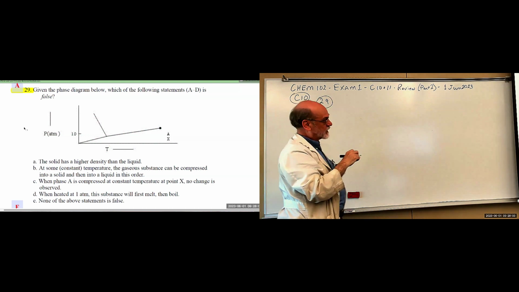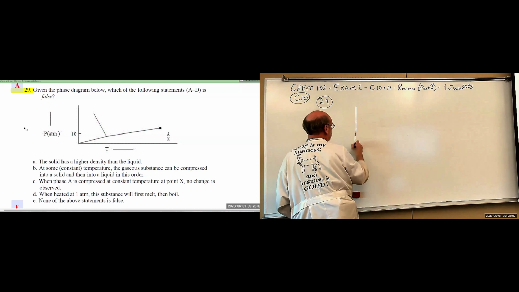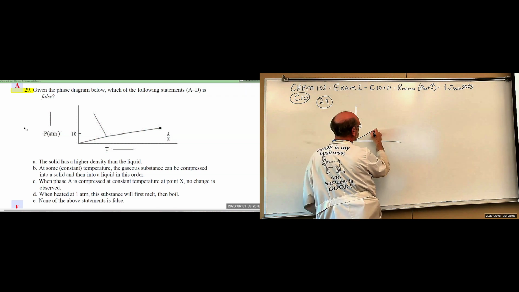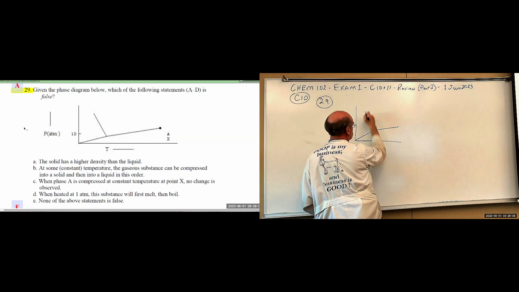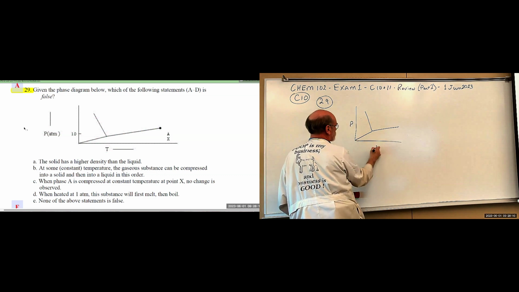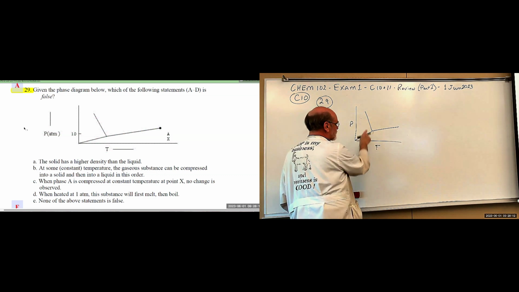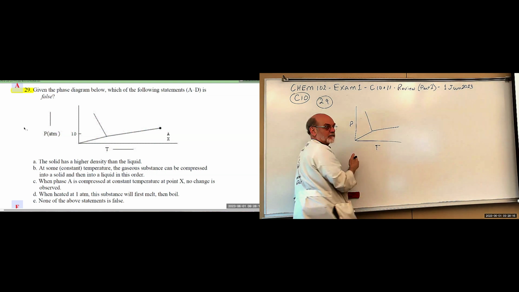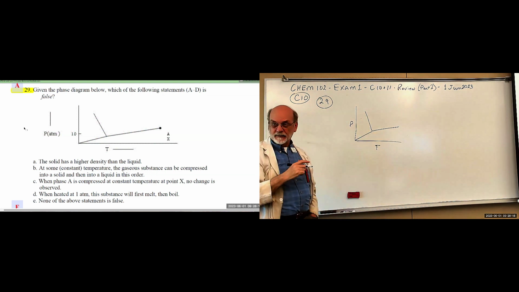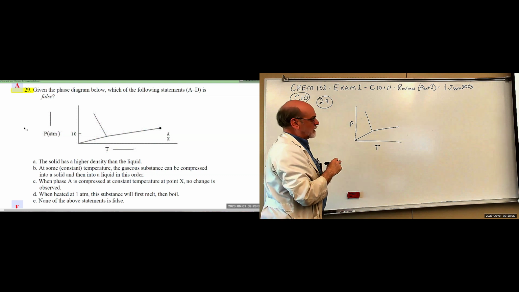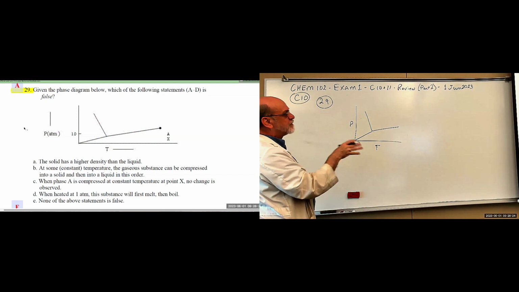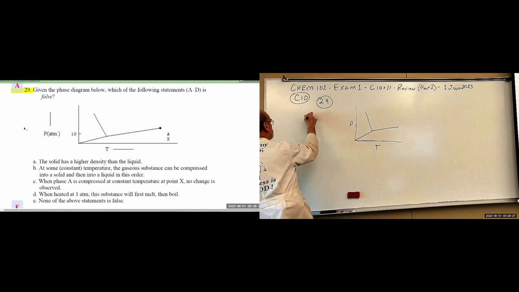So we're going here, and then here, and here. This is pressure and this is temperature. My guess is that this is water, simply because that's a negative slope. Which one is false?